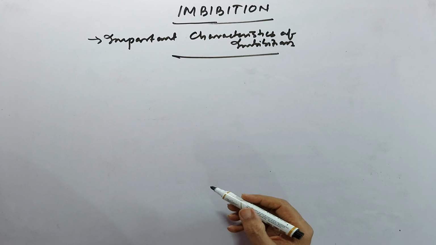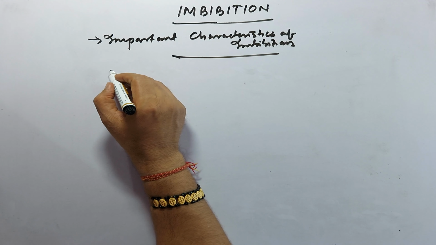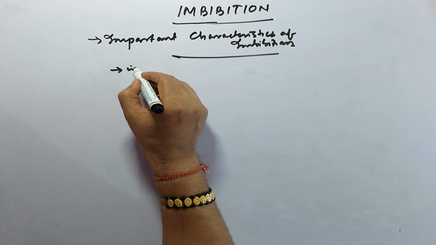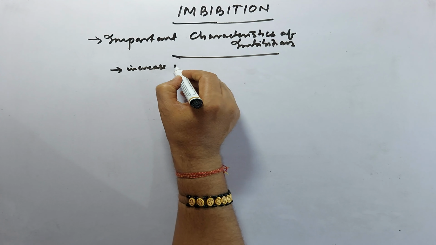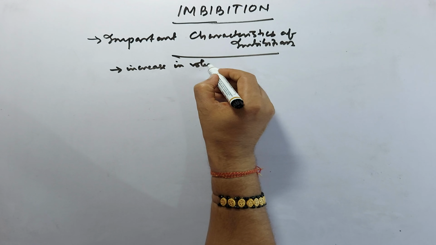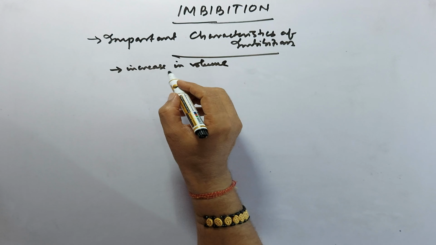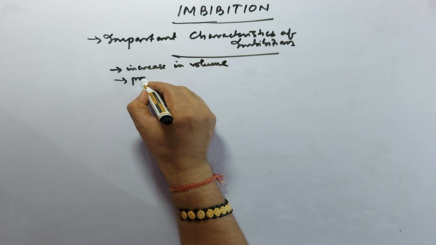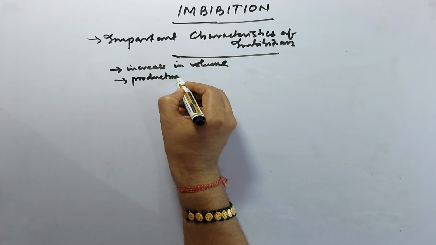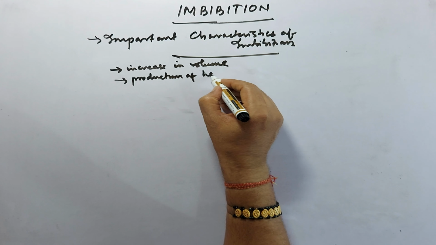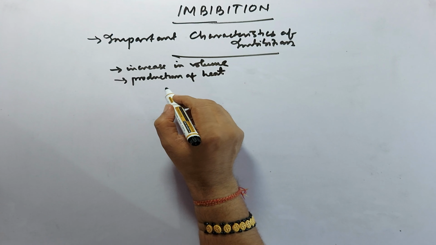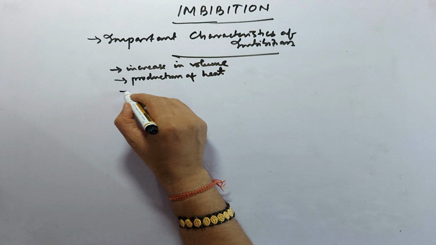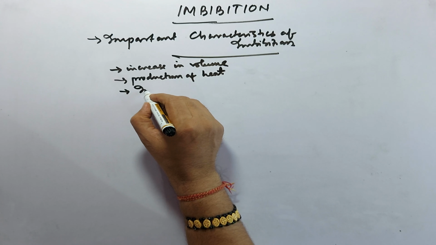The important characteristics of imbibition include, first, increase in volume; second, production of heat; and third, imbibition pressure.